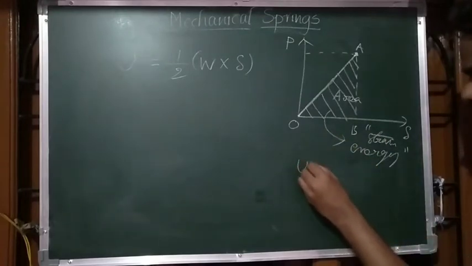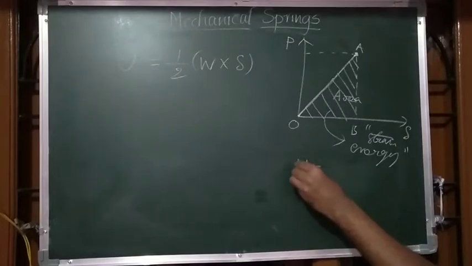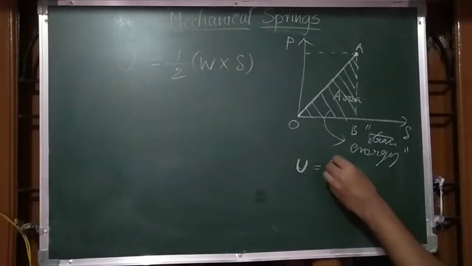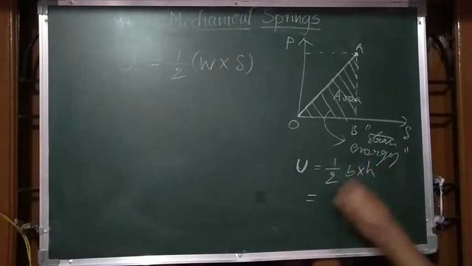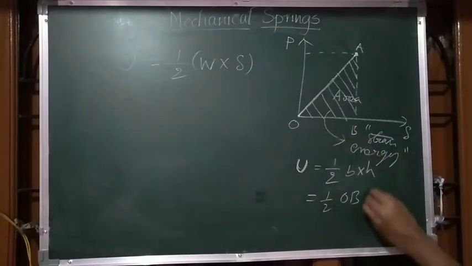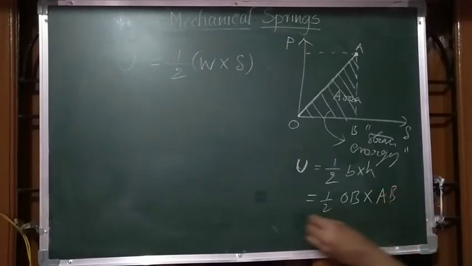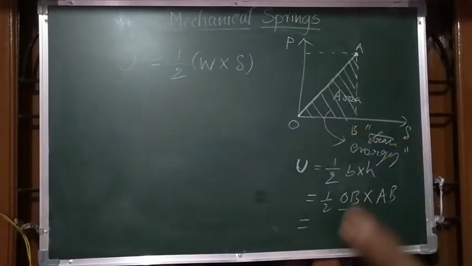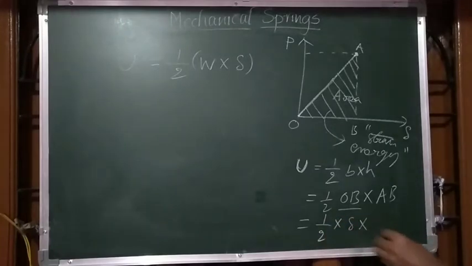So the strain energy, or energy storage capacity of a spring, U is equal to half of base into height, the triangle area formula. The base is OB, into the height AB. Here OB means deflection, let us say delta, the spring is deflected by delta.